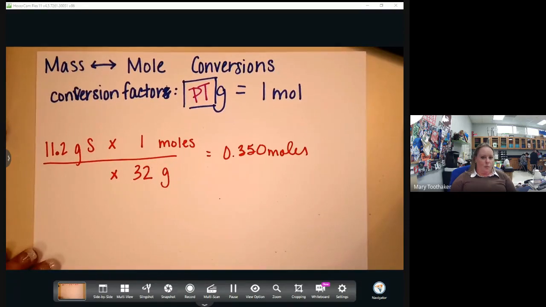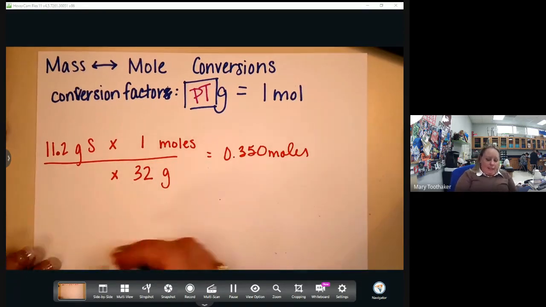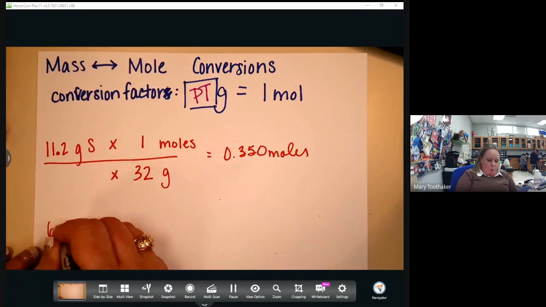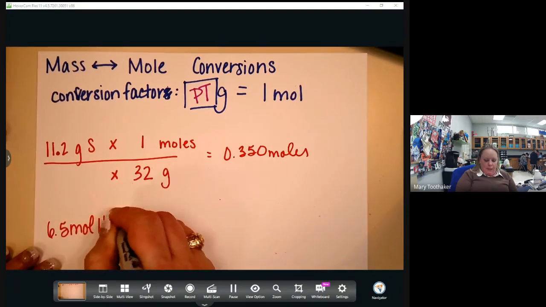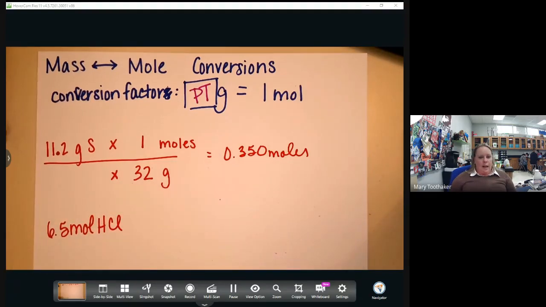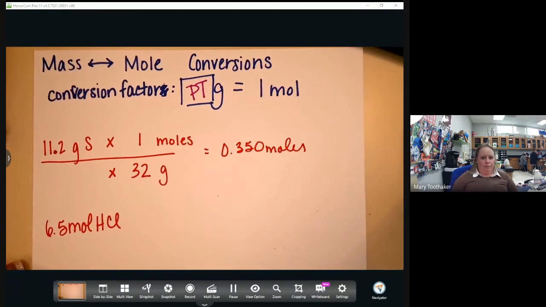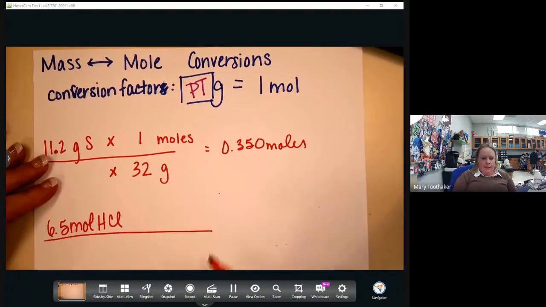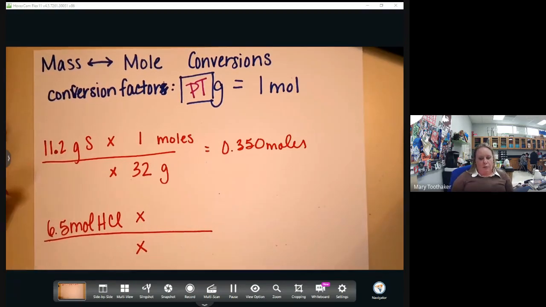All right, then let's go back the other way. Let's say I have to measure out 6.5 moles of hydrochloric acid. How many grams is that? You write your given, set up the box. I hate doing this over and over again.